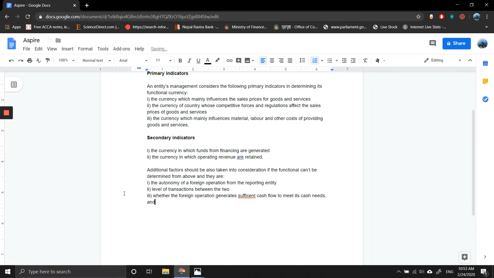And the last thing is whether its cash flows directly affect those of the reporting entity.